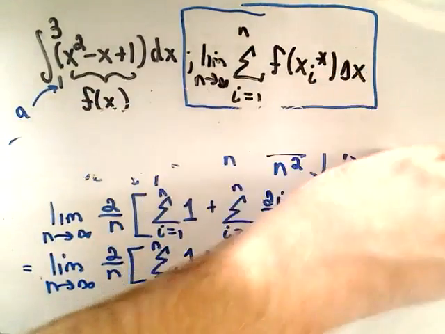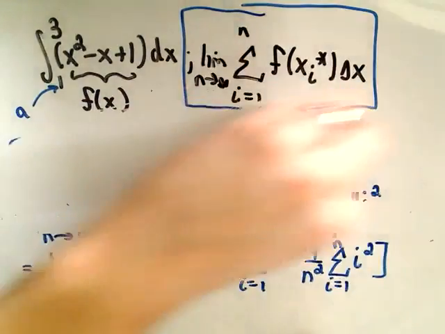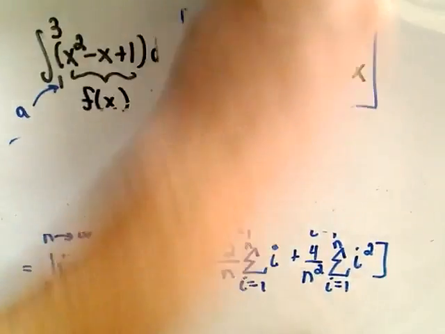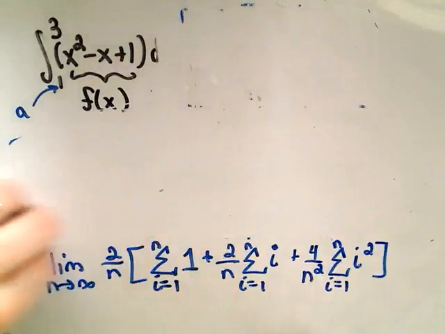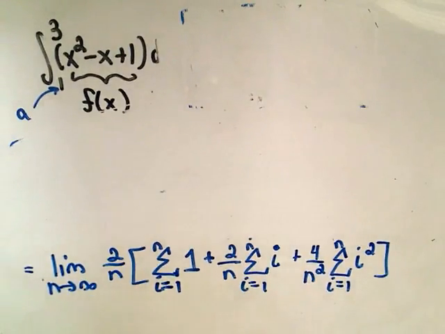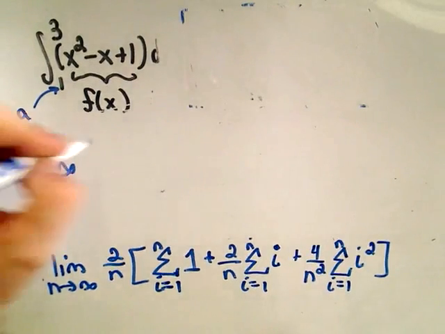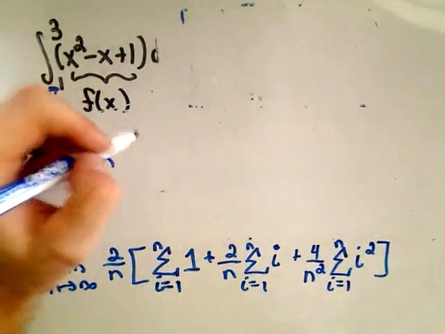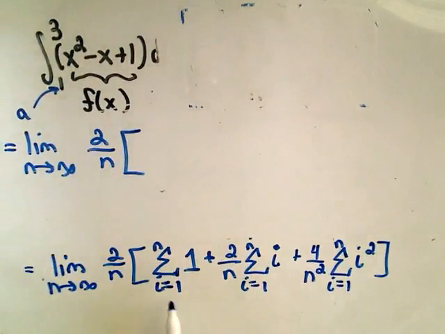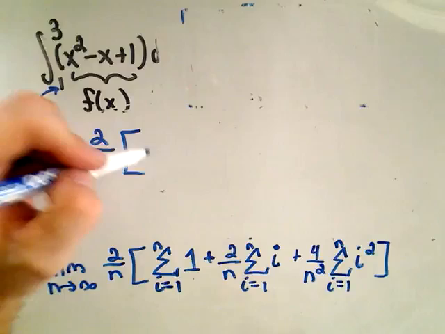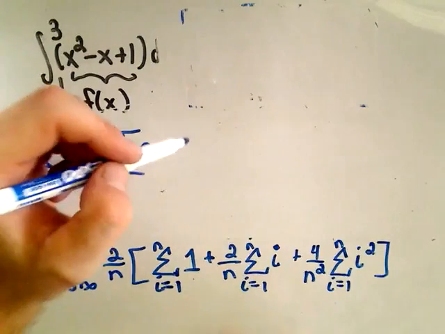Okay, so let's give myself a little more room here. We still have the limit as n goes to infinity, 2 over n. Remember, if we sum up from 1 to n, we're summing the number 1 n times, so 1 plus 1 plus 1, n times, so we'll just get n times 1, or n.